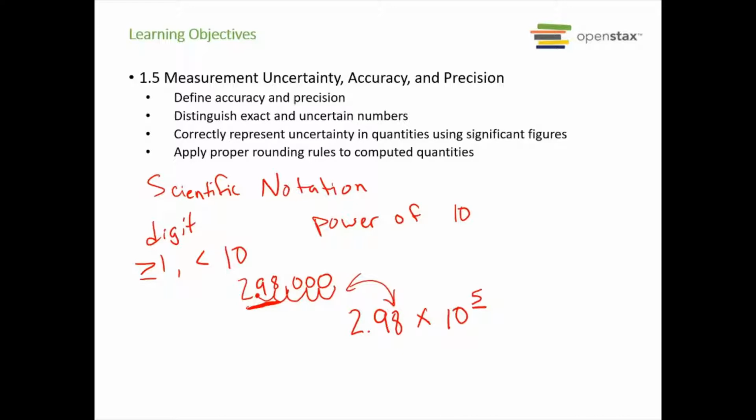You can also do this for decimal places or numbers less than 1. So for instance, 0.000025. The same thing, we find where we can make a number between 1 and 10.